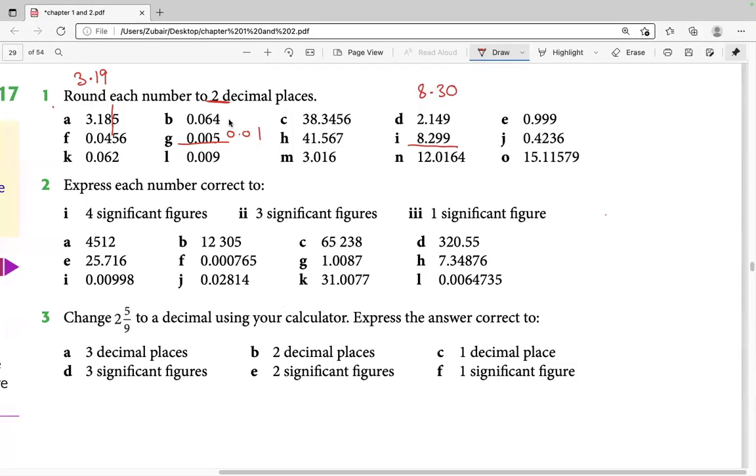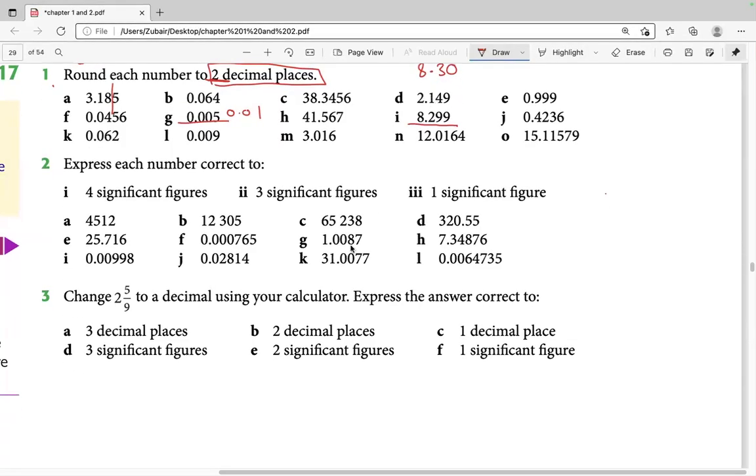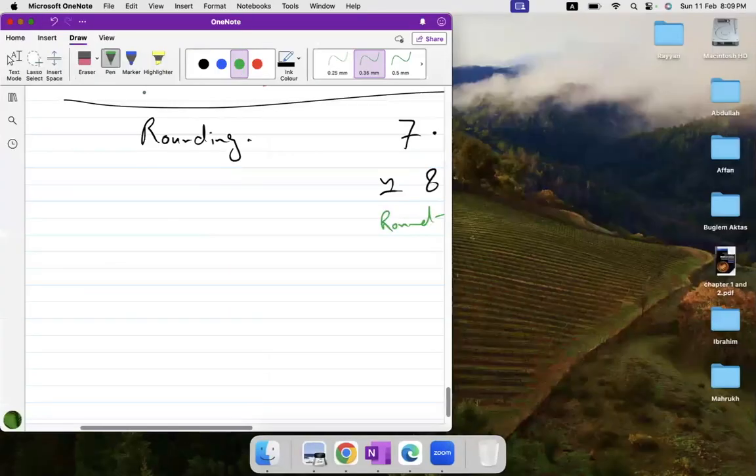Why so? To ensure 2 decimal places. Okay, so we can't leave that blank; we have to show that space. Express each number correct to 4 significant figures. Do you understand significant figures? Yes. Okay. Tell me how many significant figures are these?